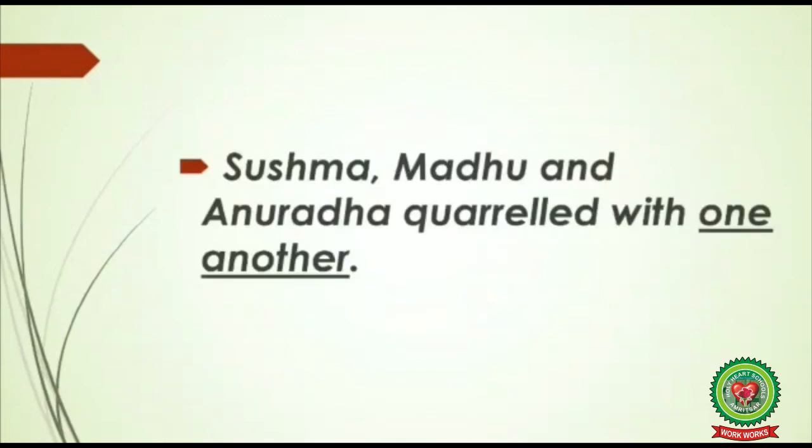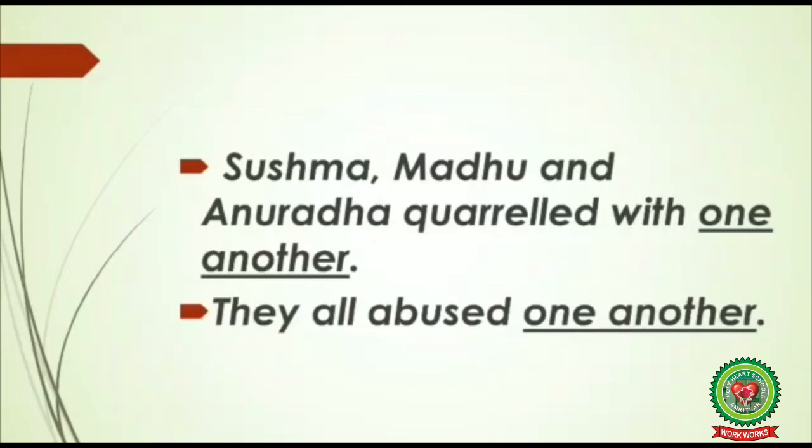Sushma, Madhu and Anuradha quarreled with one another. Students, here we are talking about more than two persons. So we have used one another. They all abused one another. Here also we are talking about more than two persons. So we have used one another.